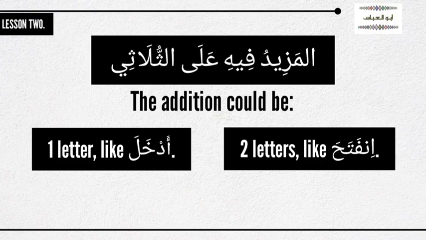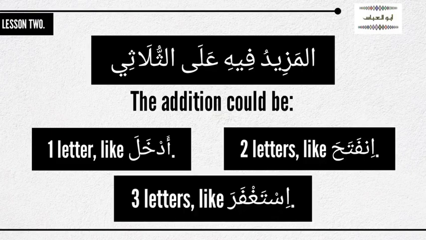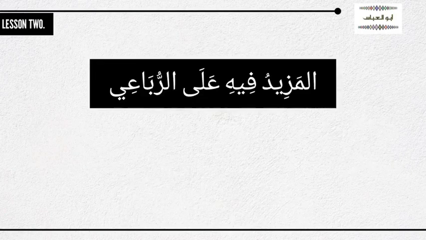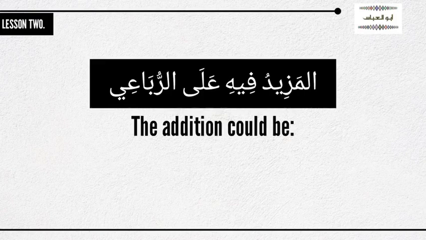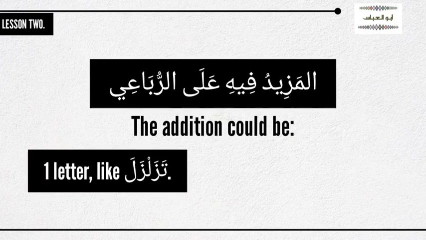And at times the addition could be 3 letters, like istaghfara. That is for al-mazidu fihi ala thulathi. So it could be 1 letter, 2 letters, or 3 letters that were added to the thulathi. Then al-mazidu fihi ala rubai, it could be 1 letter that was added, like tazalzala.